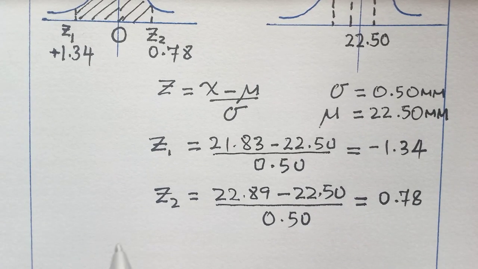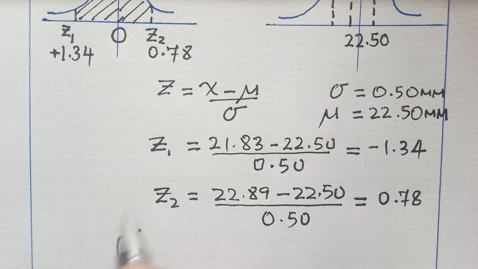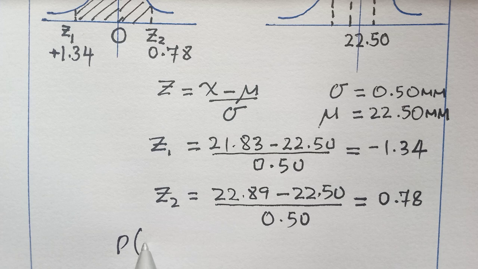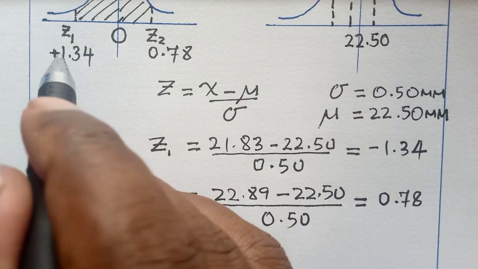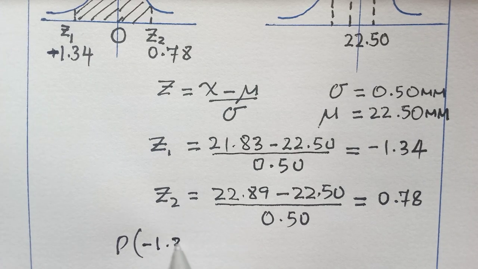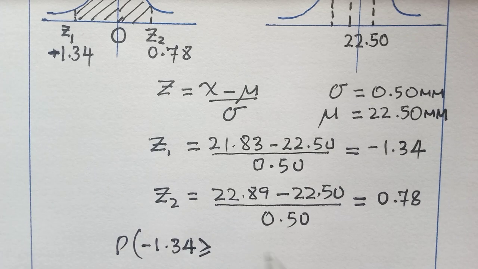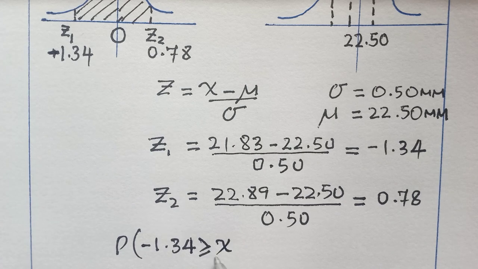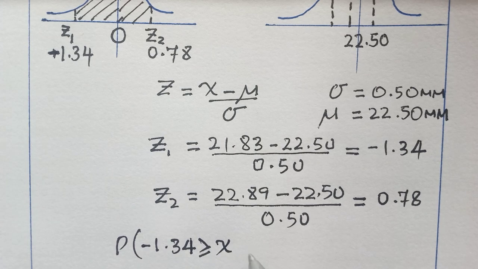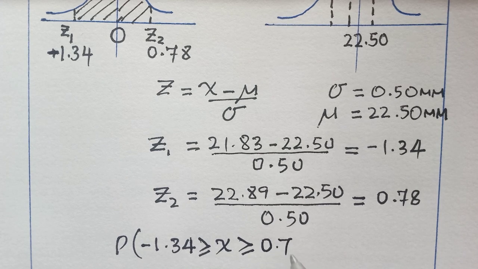So I will write the probability for Z as negative 1.34, then 0.78.